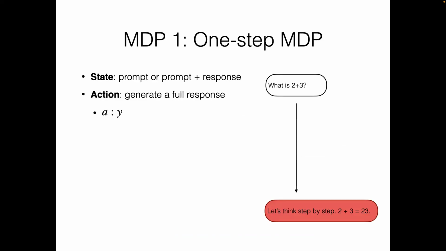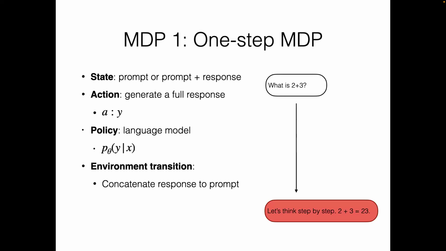And the action would be generating a full response. Here the policy is going to be a language model, the mapping from states to actions. And the environment is kind of trivial in some sense. You're basically just concatenating the response to the prompt.